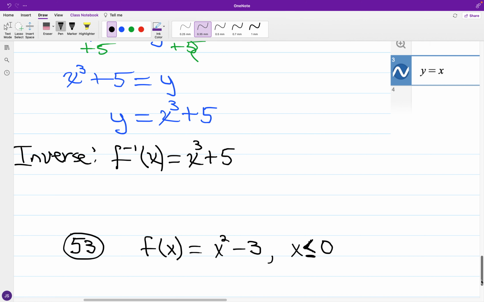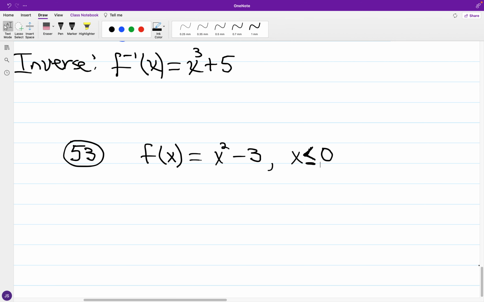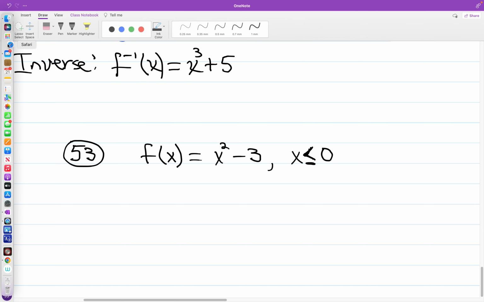This is going to be a case of what we have with a one-to-one function. I'll give you a case here.